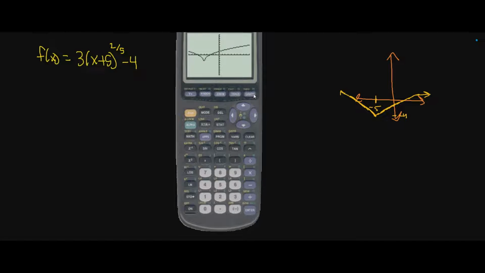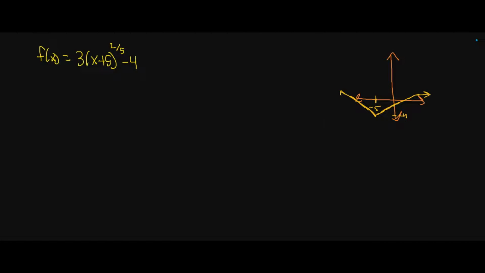If we go to graph this, it will look very similar. It does kind of make a U shape, so you know you're going to need a plus or minus. All right, and that's kind of the lesson. If you have an even number up here, 2, 4, 6, 8, you know it's going to make some kind of U shape, bird shape, and you're going to need the plus or minus.